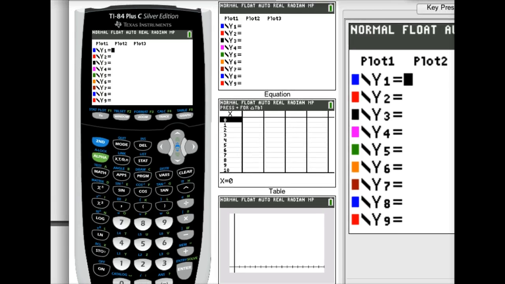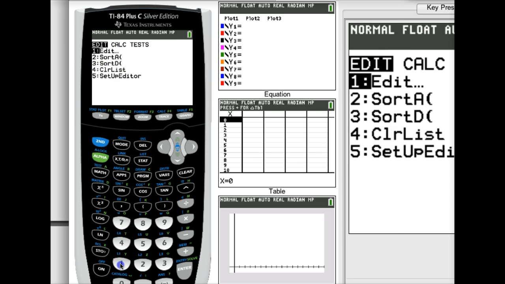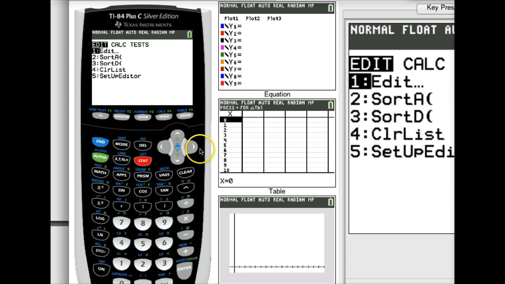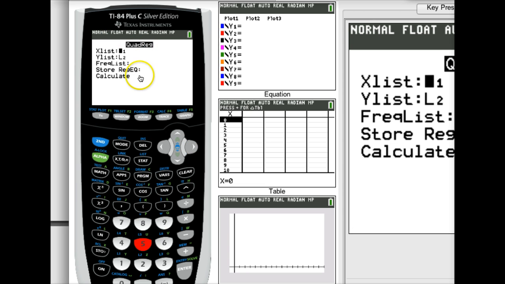So here, if we're looking at the picture of the calculator, just to remind you, you enter the data under Stat Edit right here, and this is old data again, not what I'm using right now, but you entered list 1, list 2, list 3, your data. Then when you went to perform the quadratic regressions, you'd go Stat, Calc, and then choose choice 5 to do quadratic regression.